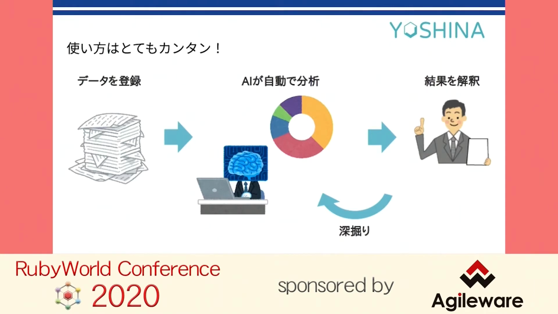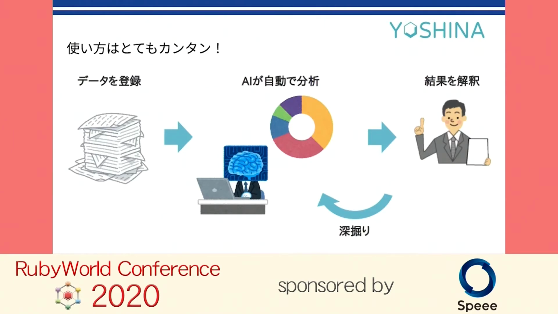Data is registered, and then AI automatically analyzes the data, and the result of the analysis is interpreted by people, the humans, and then data mining and further analysis is provided. This is also done automatically by AI and then cycles back to human interpretation.